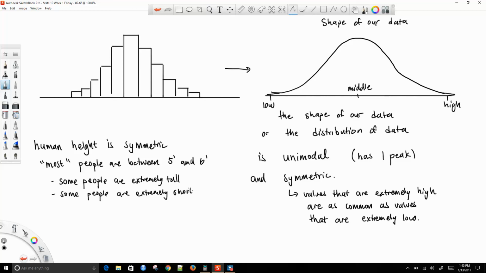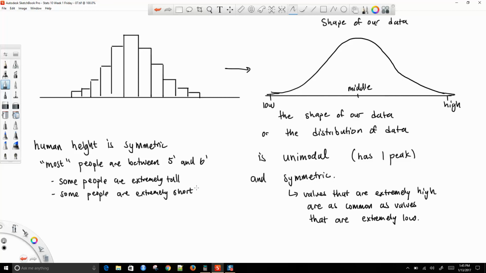So some famous people who are short, Peter Dinklage, Warwick Davis, some actors, but the frequency of extremely tall and the frequency of extremely short are comparable.